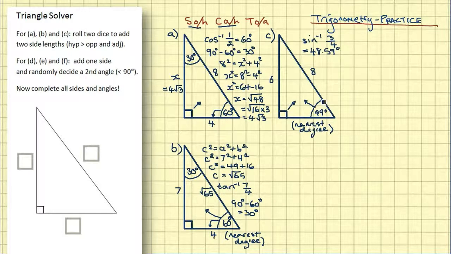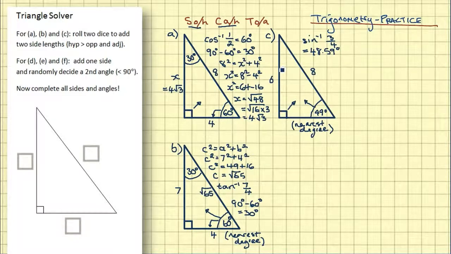Okay. Now, I'll keep that though as my value because it's more exact than just rounding it to the nearest degree. Let's use my calculator again to subtract from 90 and I get 41.41. If I add that together, would that make 90? 48.59 plus 41.41 would, yes, add up to 90.